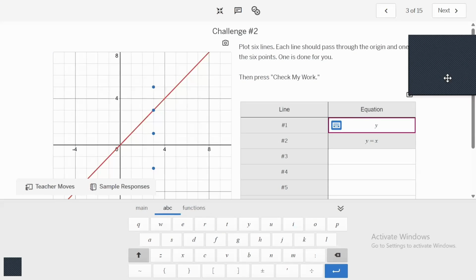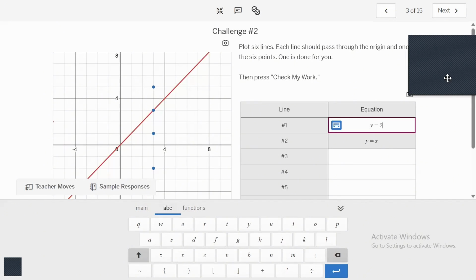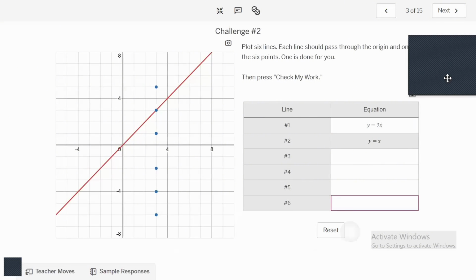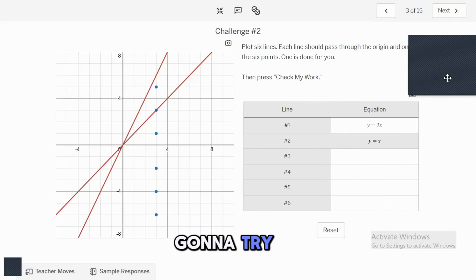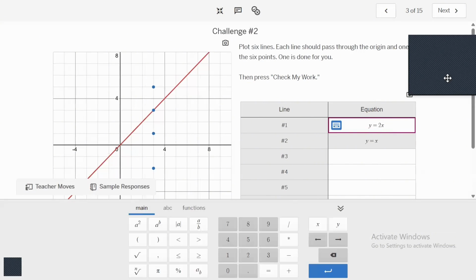So y equals, I'm going to try 2x, and then click check my work. Okay, so it almost went past it though. So now I'm going to try 1.5, which is 3 over 2. Half of $3 is $1.50. I'm going to try that.